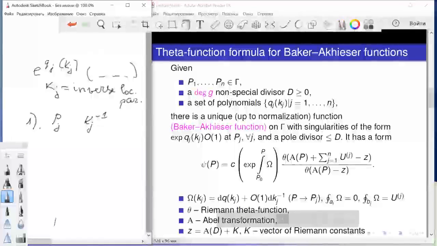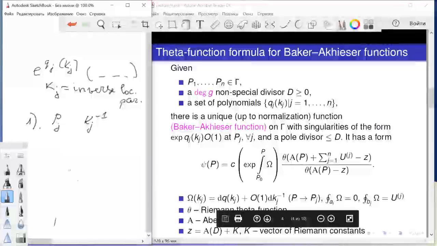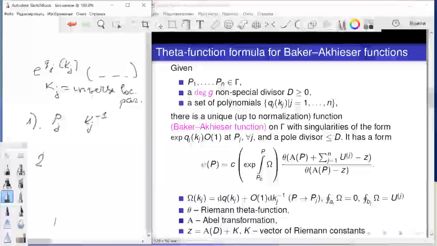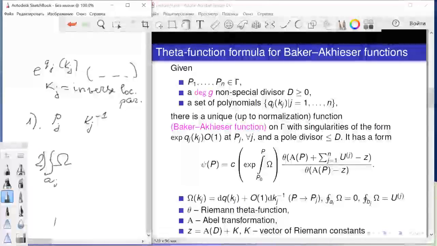And second, we normalize it by the condition written there, that the A periods of omega are equal to 0.